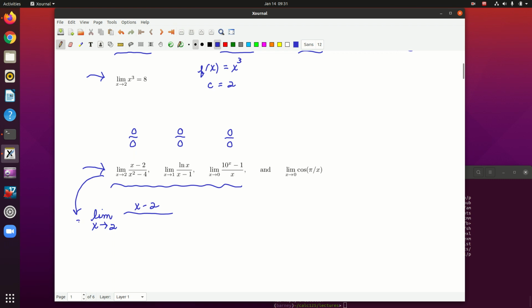You should know how to factor the difference of 2 squares. So x squared minus 4 is going to factor as x minus 2, x plus 2.